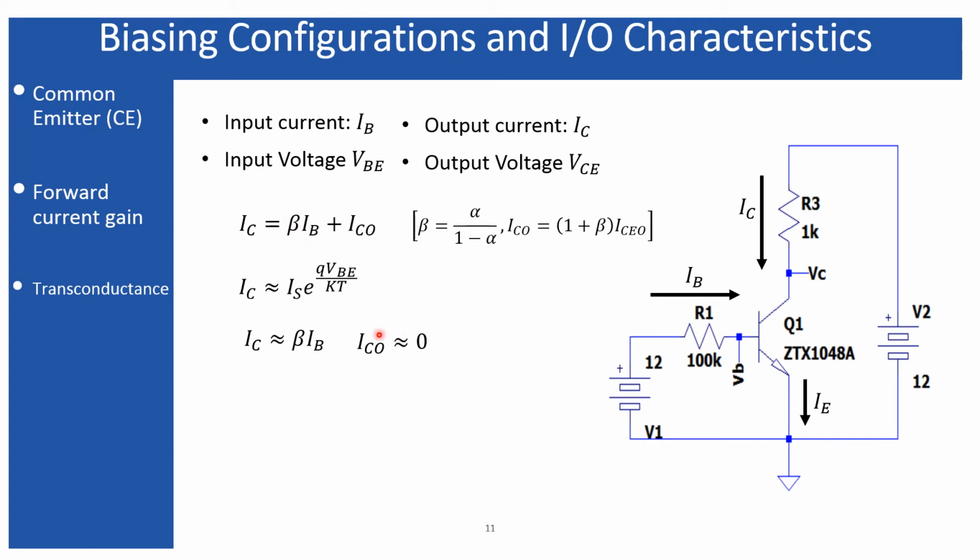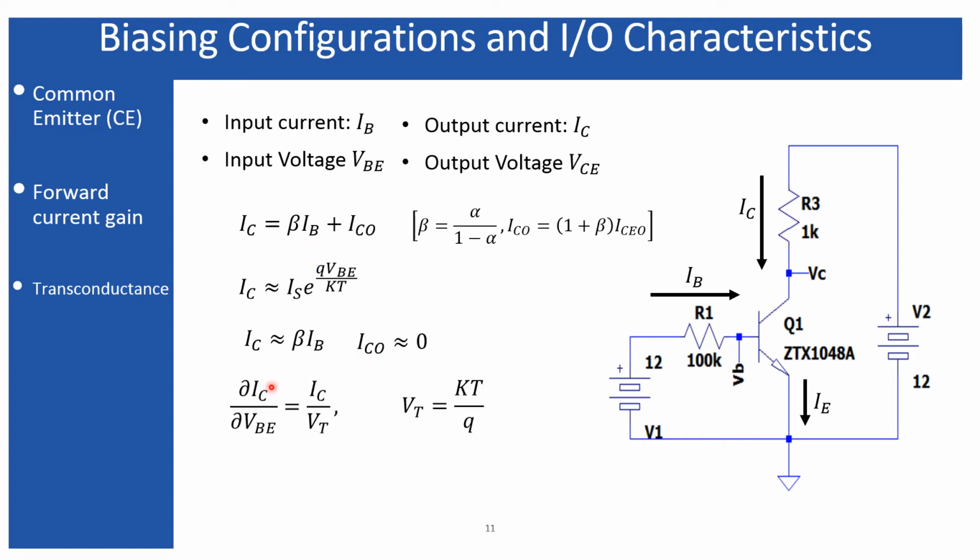There are some situations when ICO also becomes a comparable factor with beta times IB. We will see later when I discuss the fixed bias circuit. But for the time being, if everything is normal, you can easily ignore this ICO, which is very much less than beta times IB.